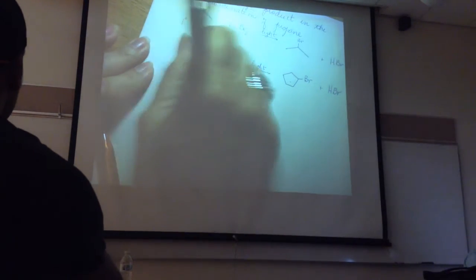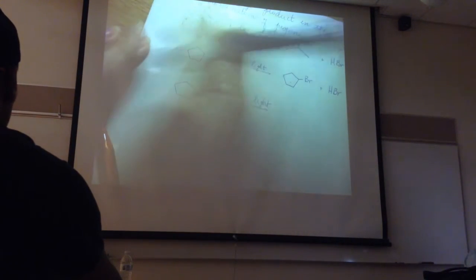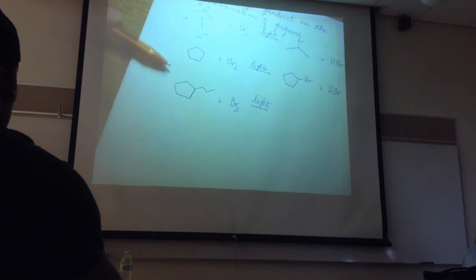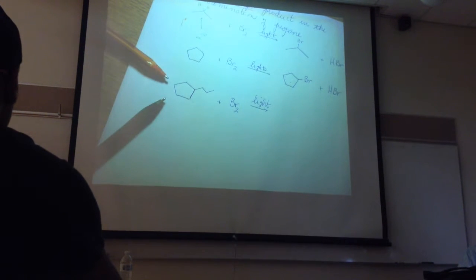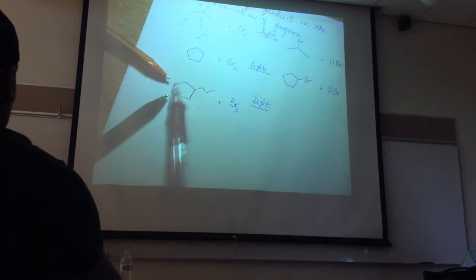Now, instead, if we're looking at these hydrogens over here, at that end, again, the same thing. If you put the bromo here, this will be 1 bromo 3, or if you put the bromo here, that will be 1 bromo 3. So again, these guys are equivalent.